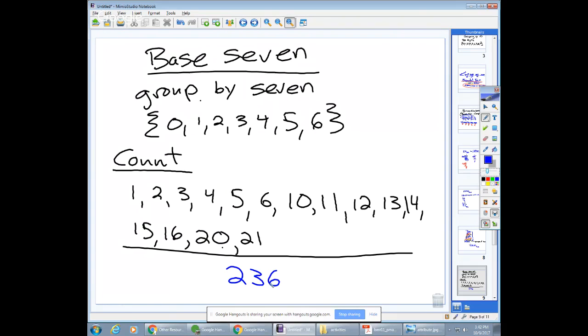What was right before this number in base 7? What is 1 less than that? 2, 3, 5. Yeah, because right before 6 is a 5.